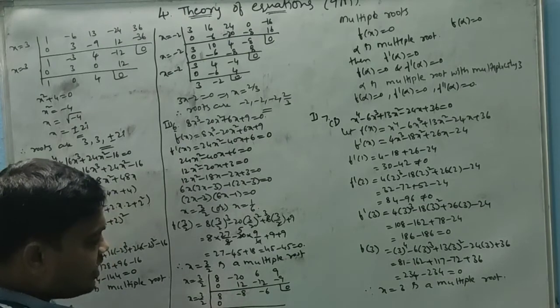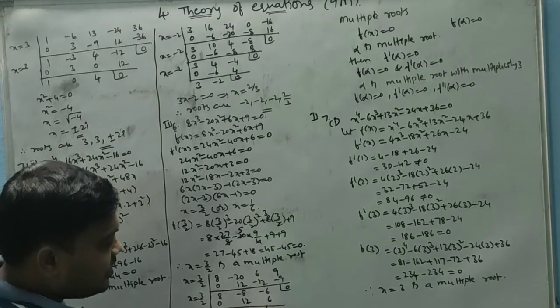One more time, x = 3/2. 8 plus 0 is 8. 8 by 2 is 4, 4 into 3 is 12. 12 minus 8 is 4. 4 by 2 is 2, 2 into 3 is 6, and the remainder is 0.